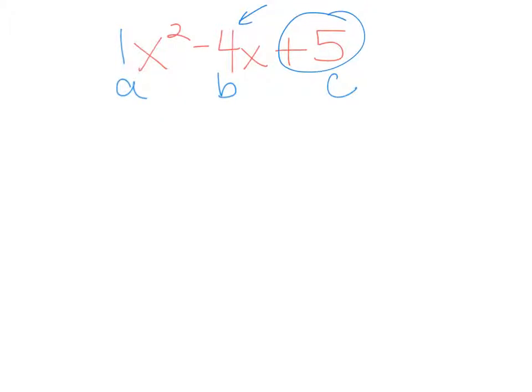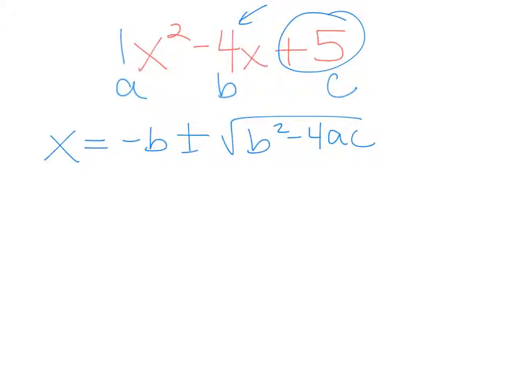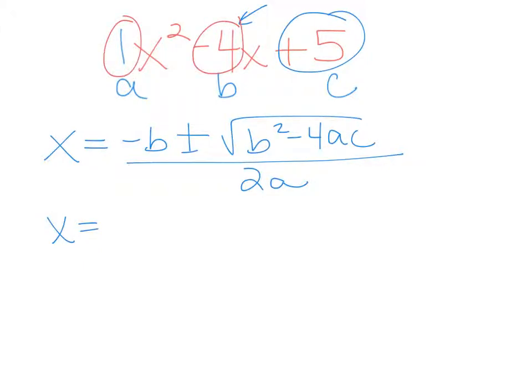So, to do that, we're going to say x equals negative b plus or minus the square root of b squared minus 4ac, all divided by 2a. And when I substitute in my coefficients, remember a is 1, b is negative 4, c is my constant, 5.